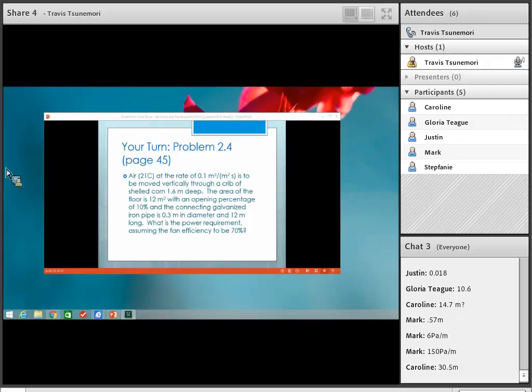Anybody have the total friction loss yet? I know you've got this. This is just adding up numbers. Yep, 56.4 meters.